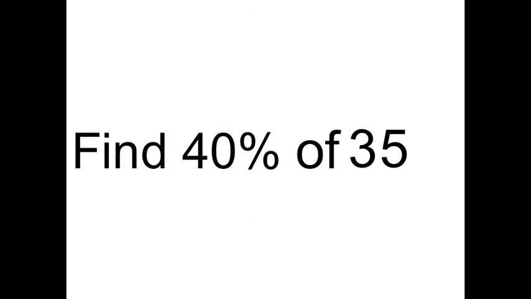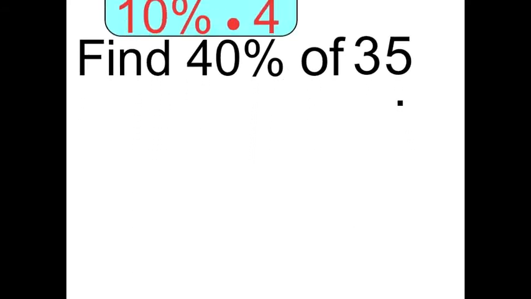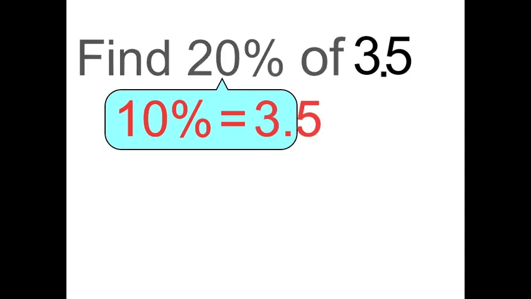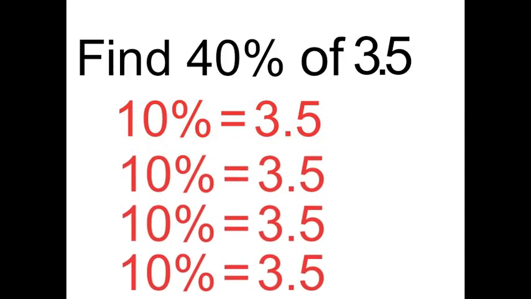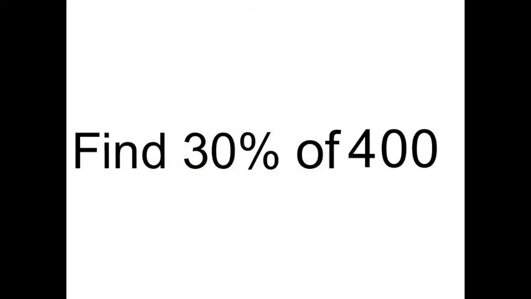How about 40% of 35? 10% of 35 is 3.5. Now I need to take that 4 times. So double 3.5, I get 7, and double 7, I get 14. 30% of 400.